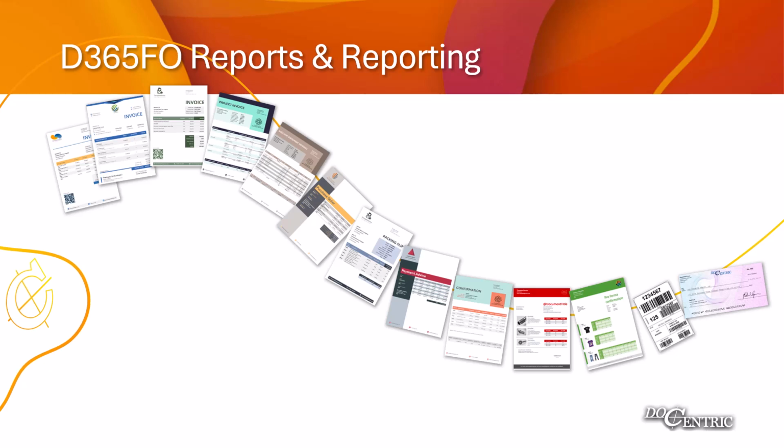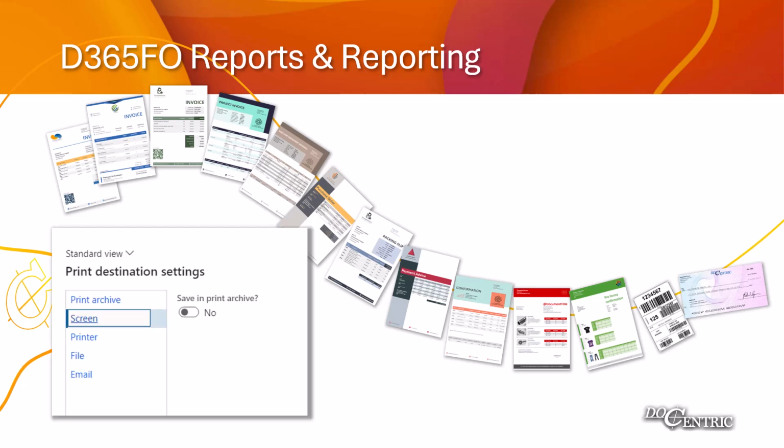A generated document can be, for example, sent via email. We say that it has been printed to the email print destination, or it can be saved as a file, then it is printed to the file print destination. There are in total 5 print destinations in D365 F&O: print archive, screen, printer, file, and email.